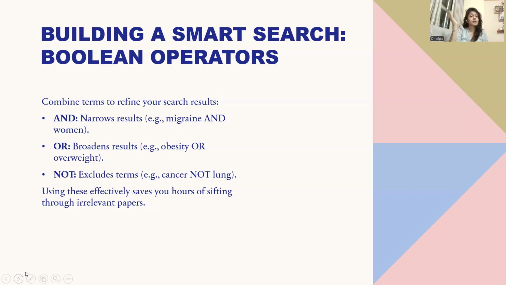At the same time, if I'm using or, for example obesity or overweight, it will give me combined results: one of those papers may talk about obesity, the other paper may talk about overweight, so it will broaden out the search. And when I'm using not, for example cancer not lungs, then I will find all the results other than lung cancer. So you should know to search literature smartly.